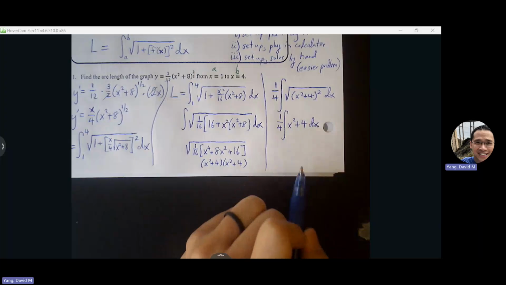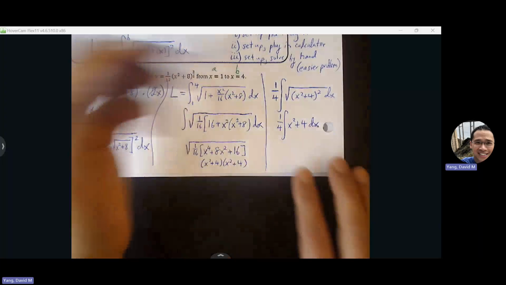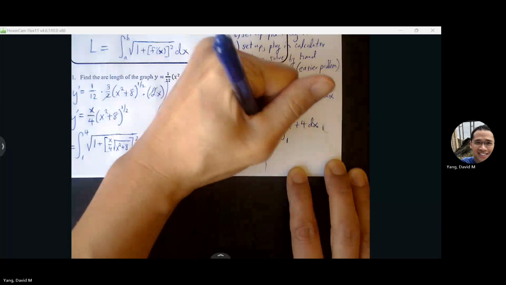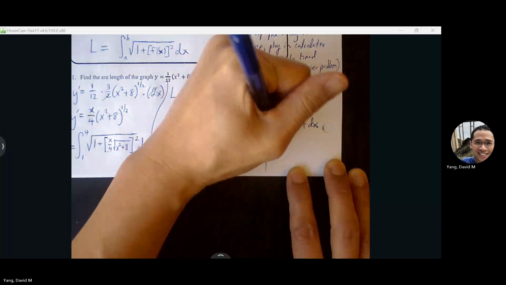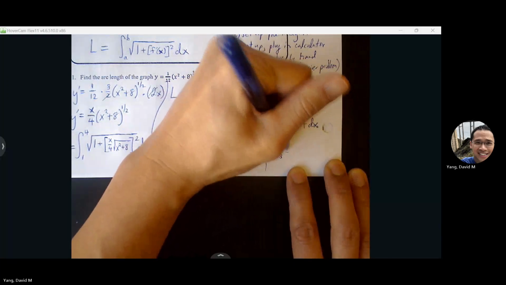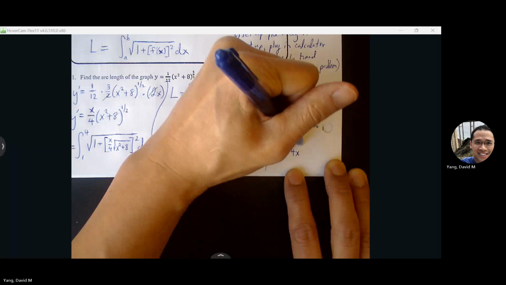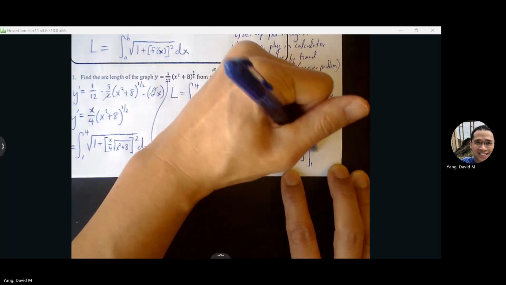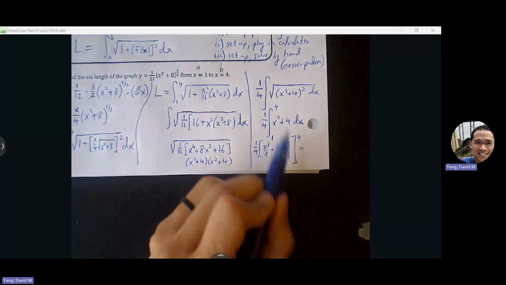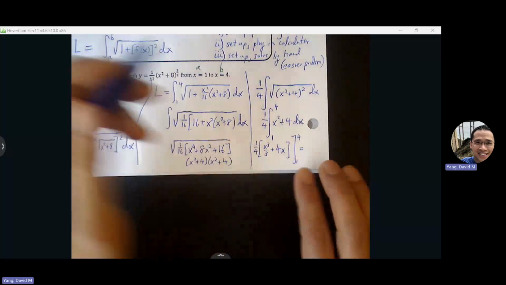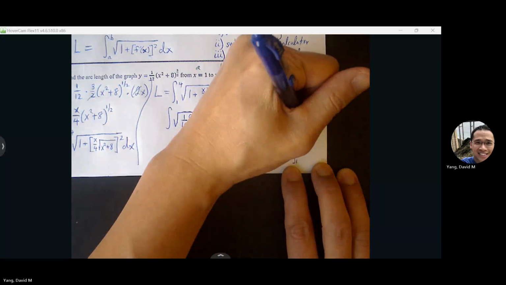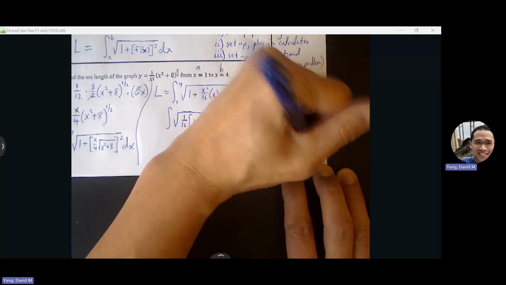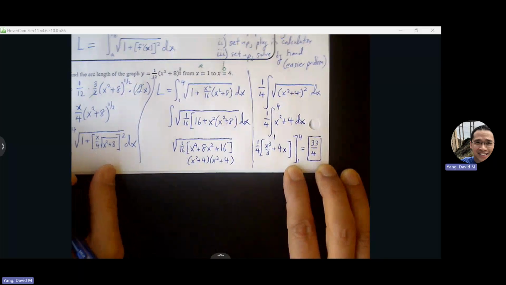Now this becomes a lot easier to evaluate. And then we plug in our upper and lower bound, and that's going to come out to be 33 over 4 after we go through all the numerical plugging in.